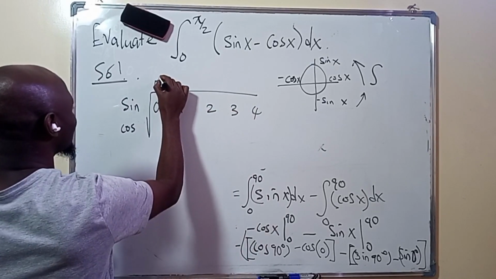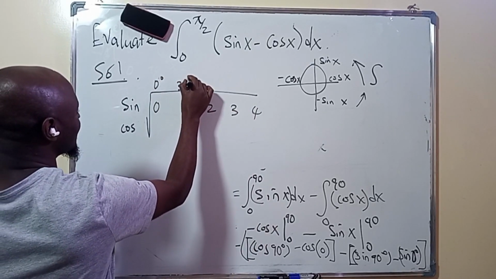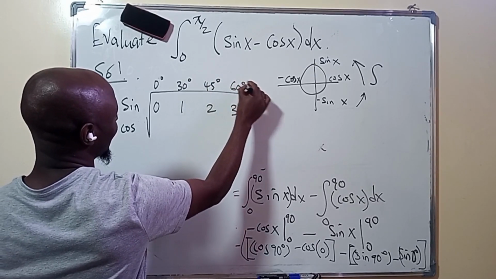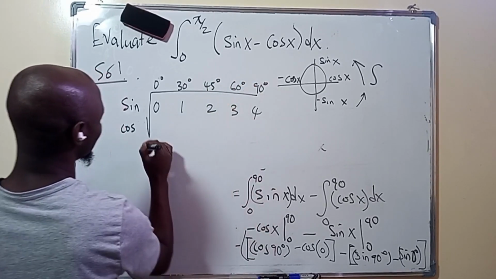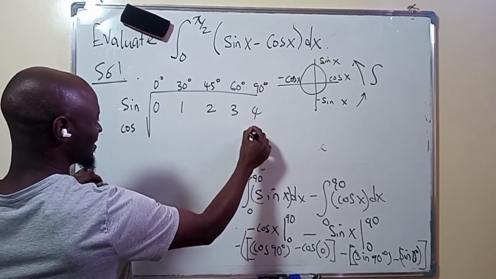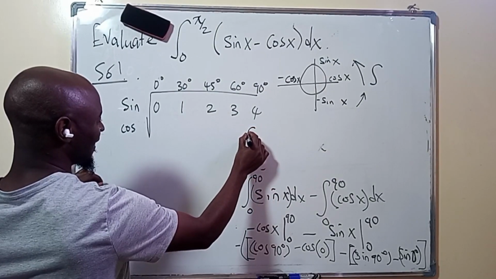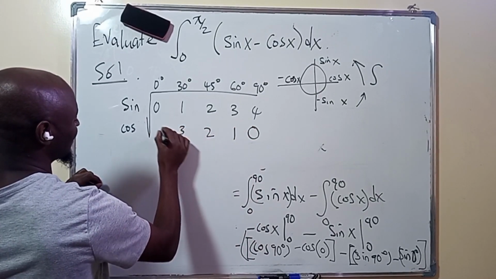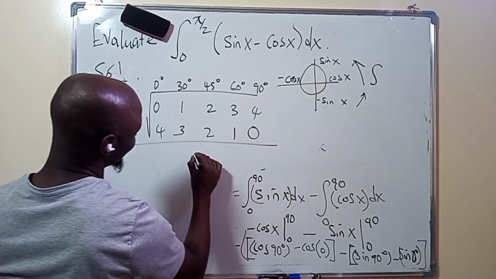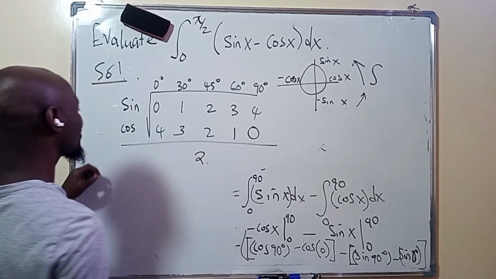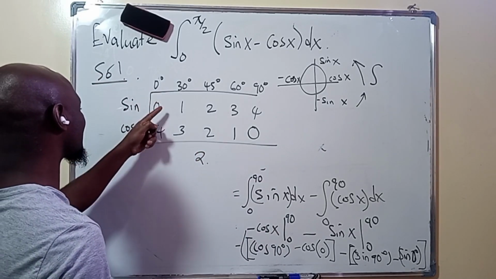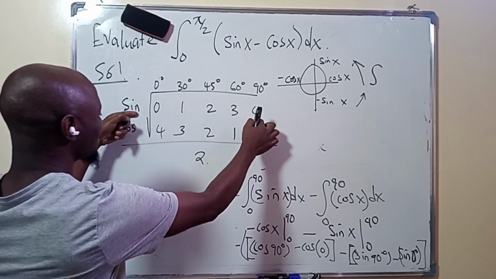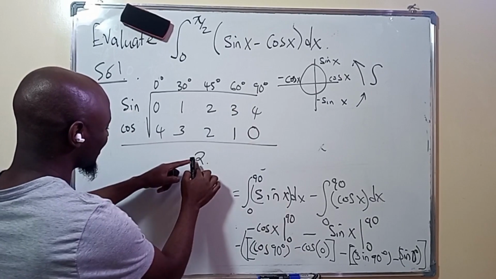Then here you put 0 degrees, 30 degrees, 45 degrees, 60 degrees, and 90 degrees. And for cos you reverse: 0, 1, 2, 3, 4. Then you divide everything by 2. If you are looking for sine 0 degrees, it will be square root of 0 divided by 2. Sine 90 degrees will be square root of 4 divided by 2.